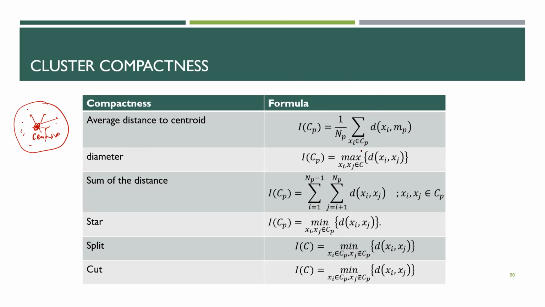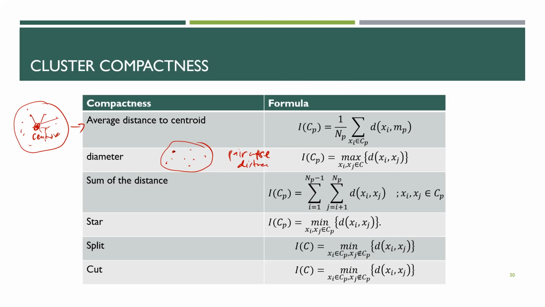Diameter is the maximum distance. For example, in one cluster, diameter is the farthest distance. To calculate diameter, we have to calculate the pairwise distances.